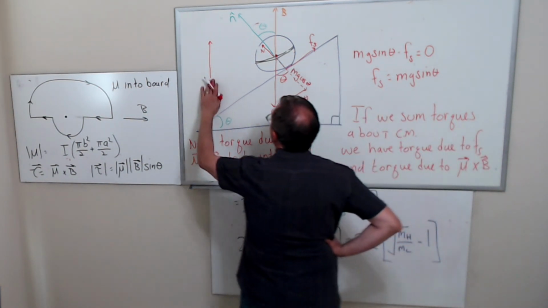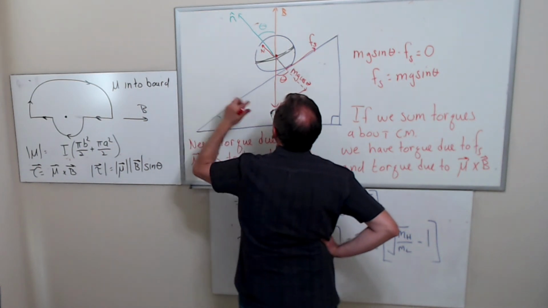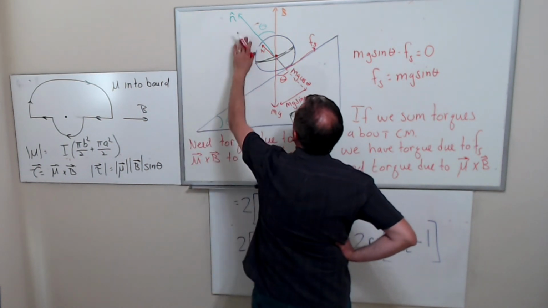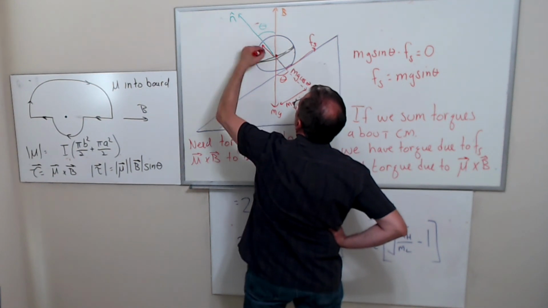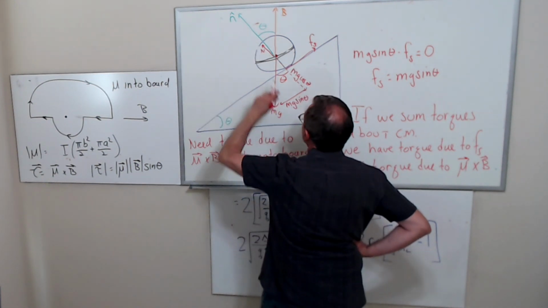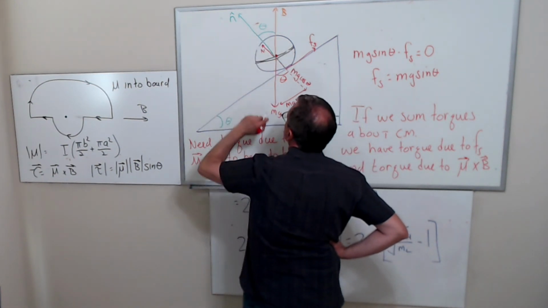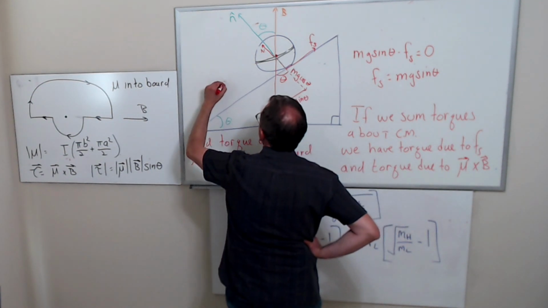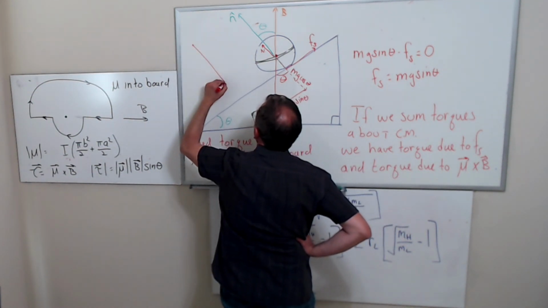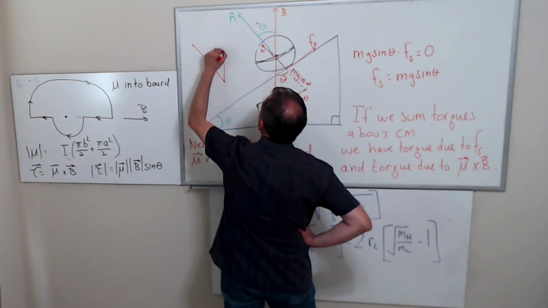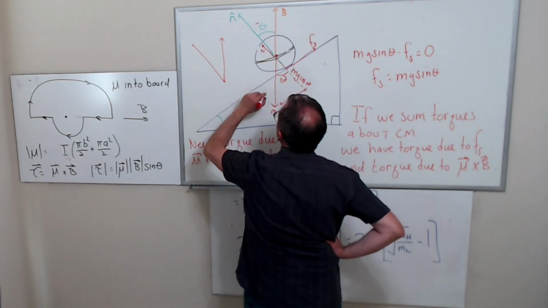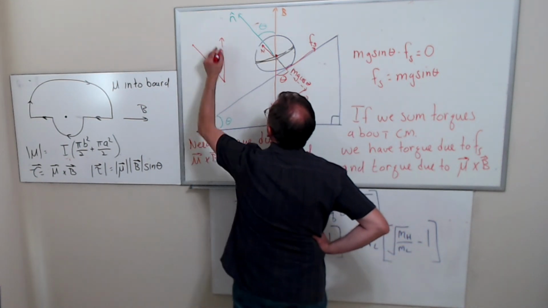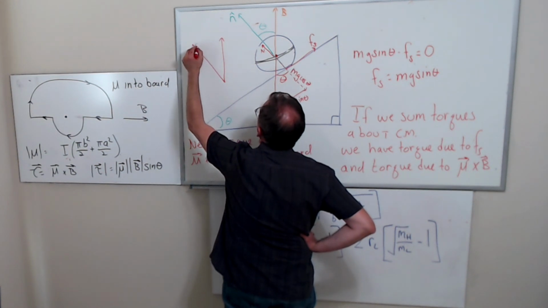For this problem, would it be helpful to change the coordinate system or like rotate it? You could. I mean, let me do this. Let's just say the normal points upward. Let's say mu points upward. Okay? So if mu points upward and you have B this way, the horizontal component of B points which way?